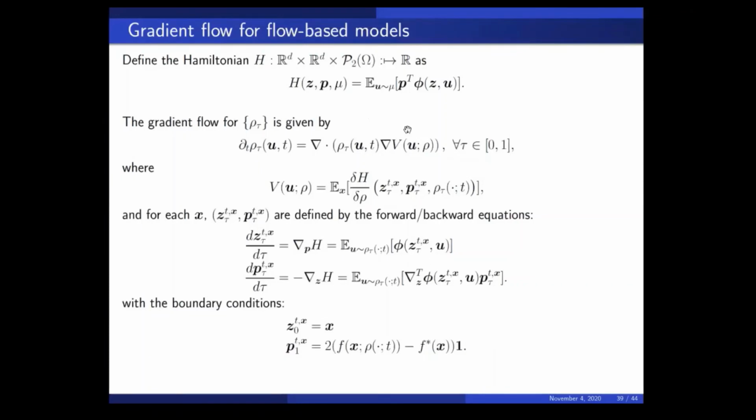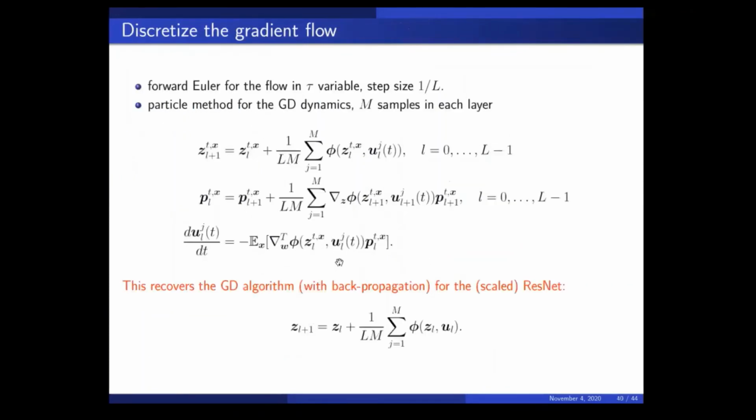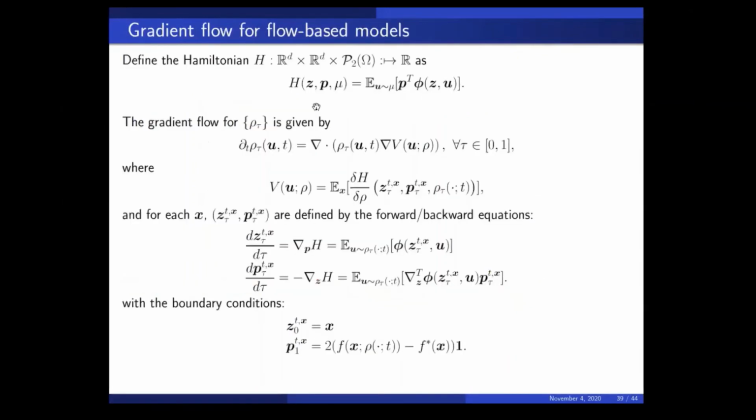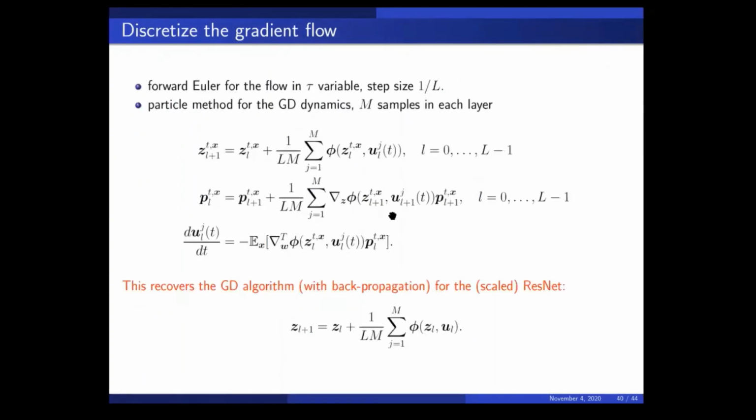Now, if you discretize this, so we discretize by taking forward Euler for the dynamics for the dynamical system, and particle method for this gradient descent dynamics, then we recover this thing.